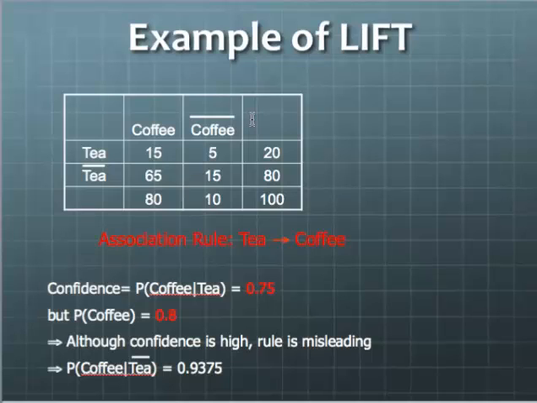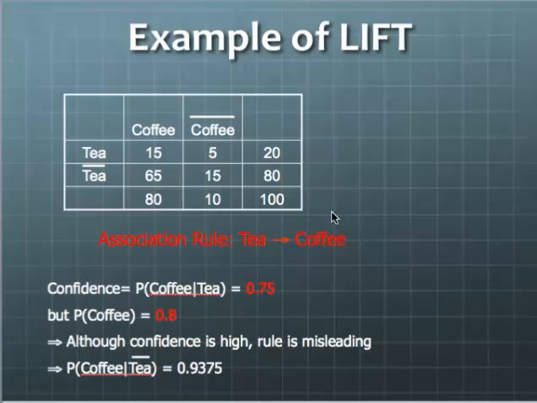The information given in the table can be used to evaluate the association rule tea to coffee. At first glance, it may appear that people who drink tea also tend to drink coffee. The rule's support, which is the share of transactions where both tea and coffee exist in the dataset, is 15 out of 100, which is 15%.